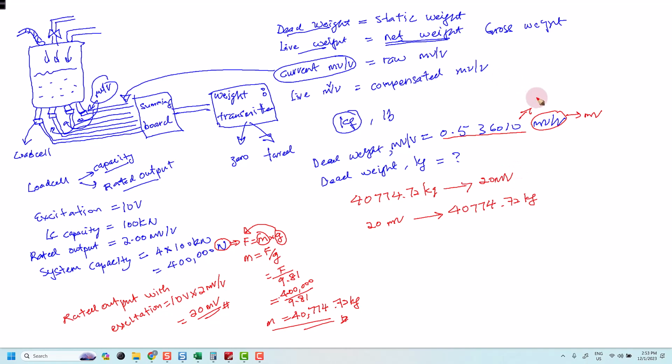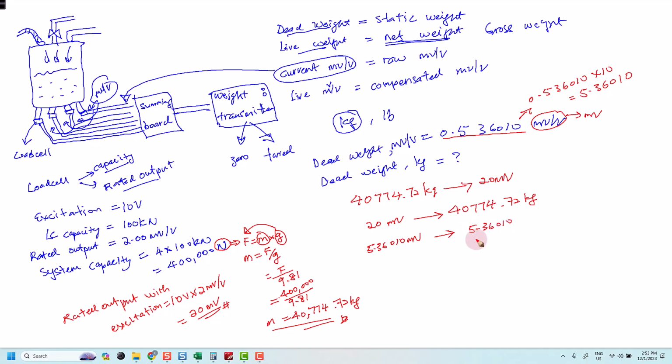So you have to multiply by the 10 volt excitation: 0.536010 times 10, you will get about 5.36010 millivolt.